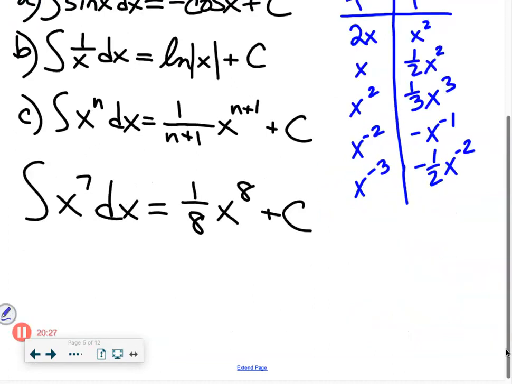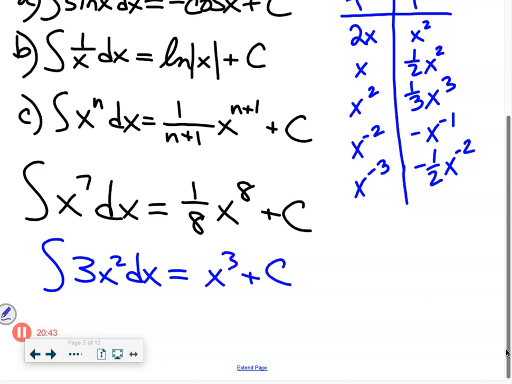So, for example, if I had the integral of 3x squared, raise the power by 1, so you have an x cubed, right? And then you're going to divide by 3. Raise the power by 1, divide by 3. 3 divided by 3 is 1.